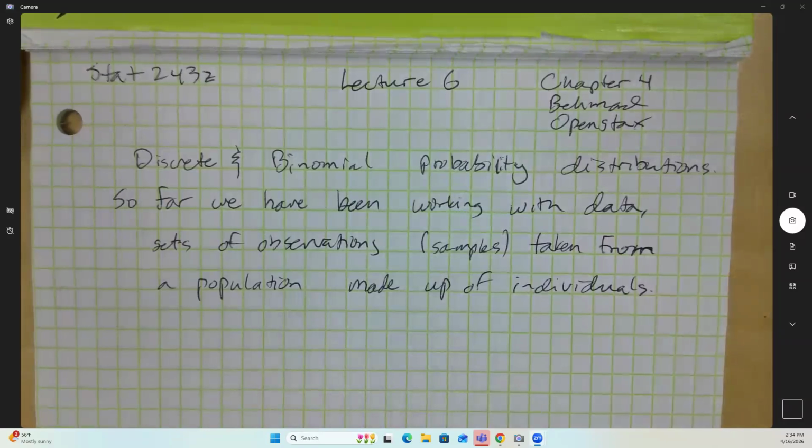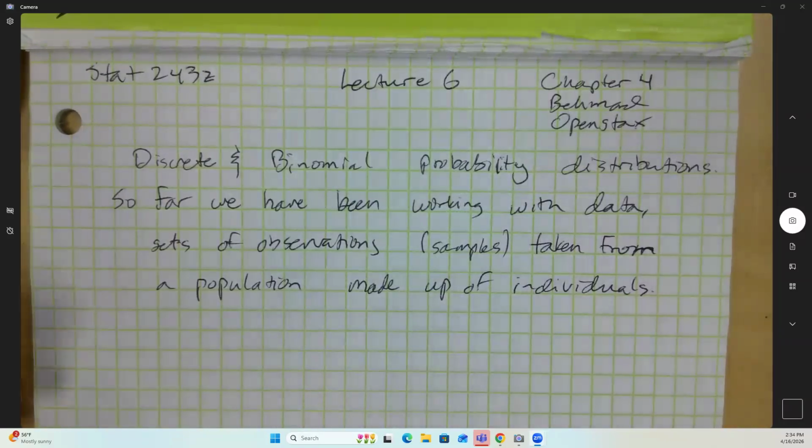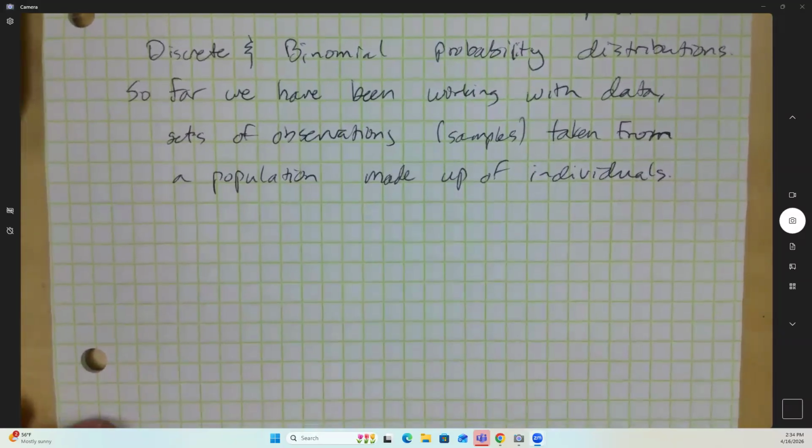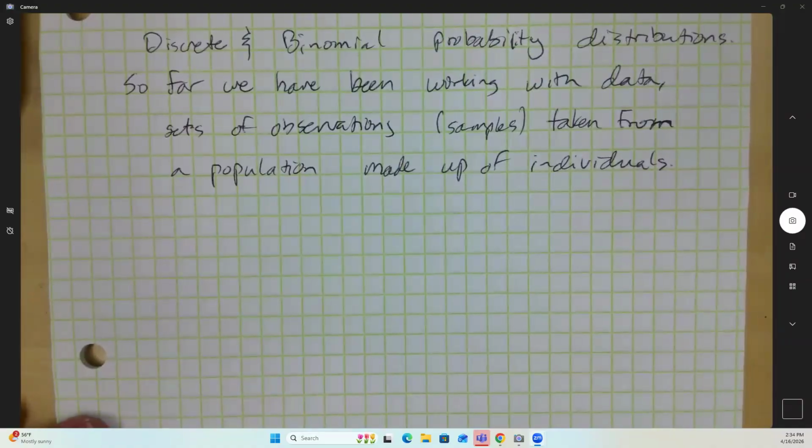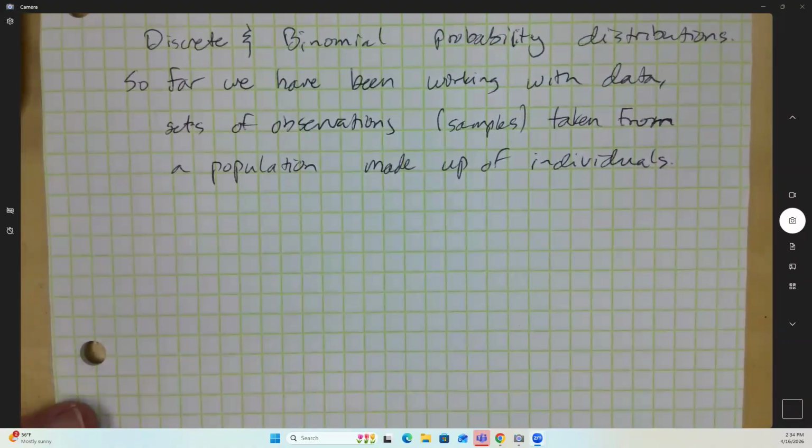And that's the ultimate goal for statistics, right? To understand systems and populations. Probability distributions, which are different, are like a tool that helps us model populations.